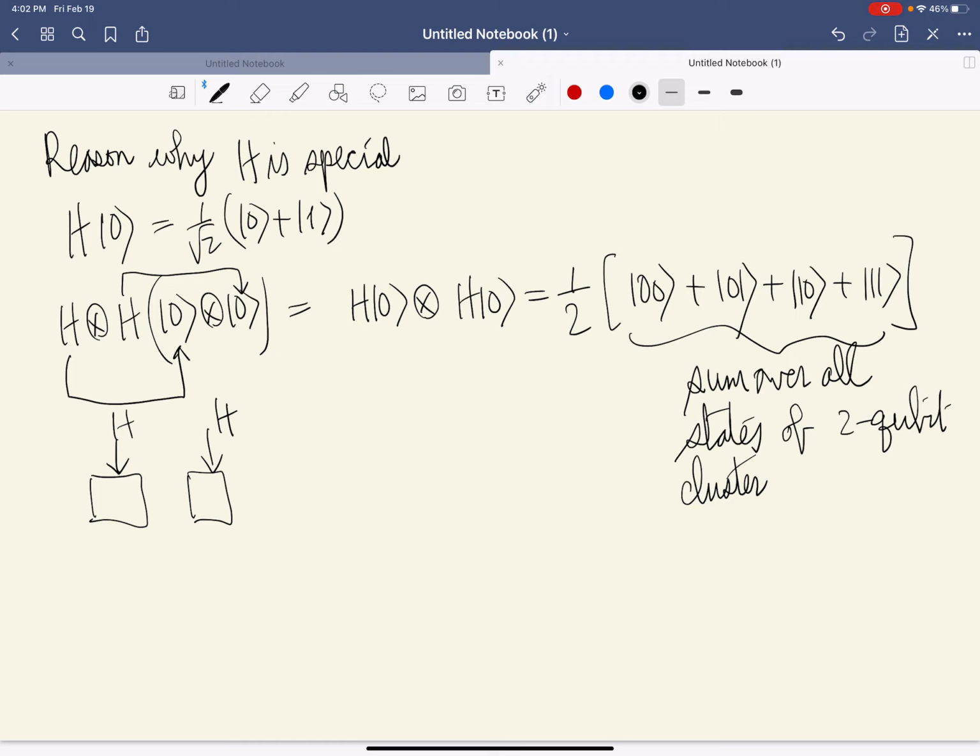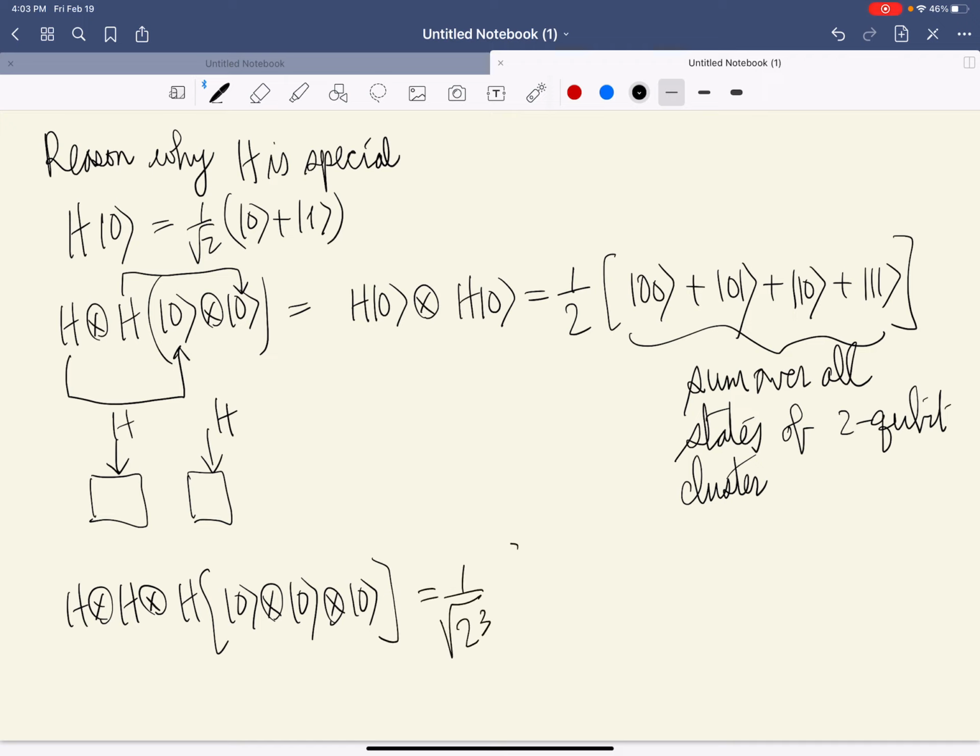Now, it's quite obvious what will happen if you do this for the 3-qubit cluster. 3 H's acting on the 3 zeros. Well, it's a little bit long to write down, but let me exercise some patience and try to write everything out.